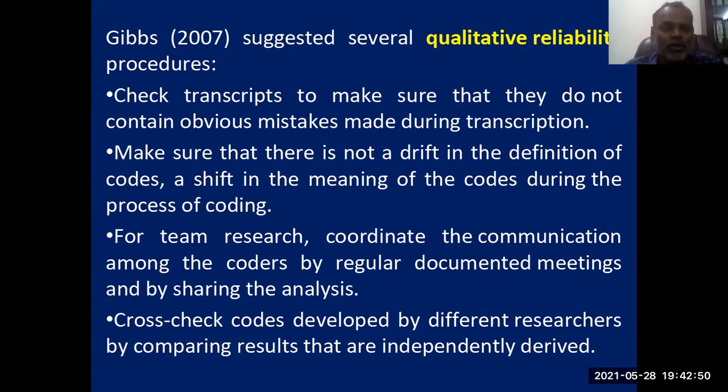It needs to be done if you are doing multi-stage mixed method research. Then you need to engage your data collectors or coders through proper communication, documenting the meetings. This is the way you can reduce data errors. So cross-check codes developed by different researchers by comparing the results that are independently derived.